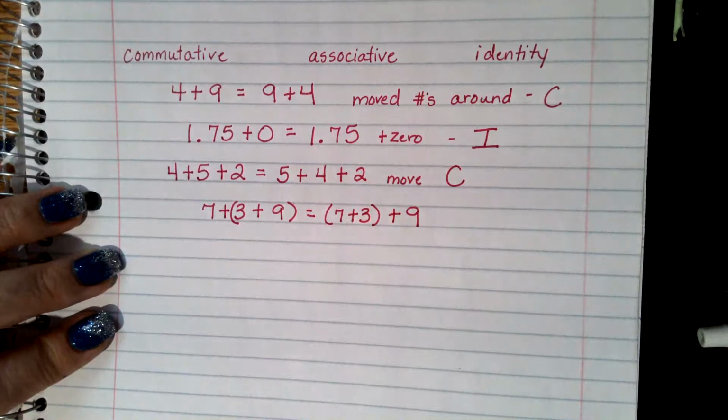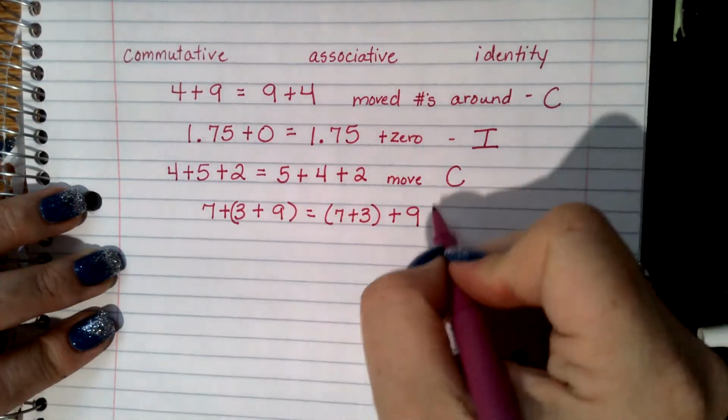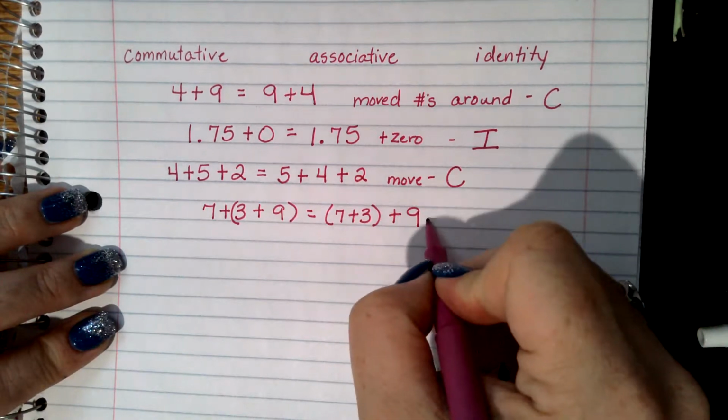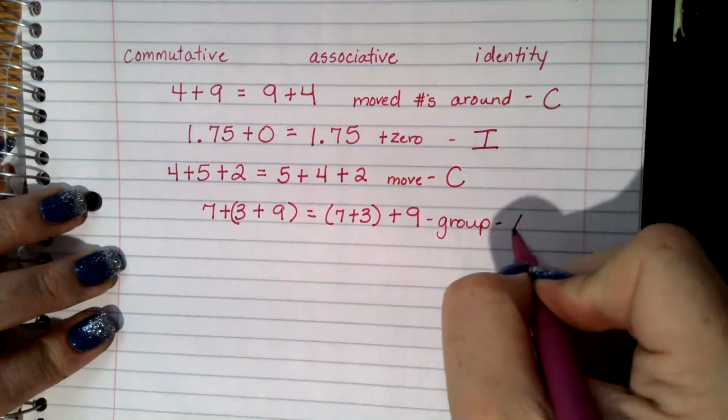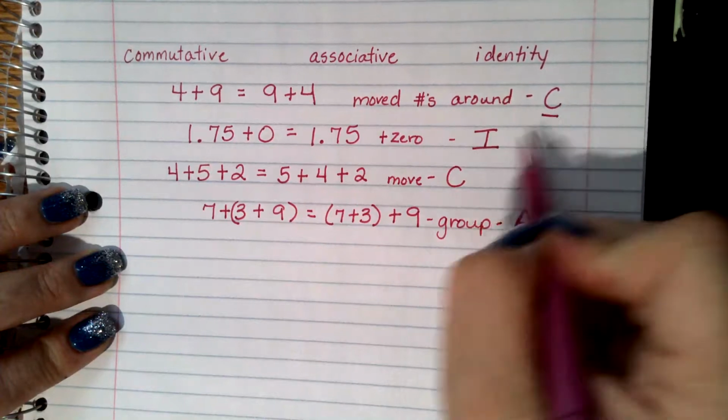Seven plus parenthesis 3 plus 9 end parenthesis equals parenthesis 7 plus 3 parenthesis plus 9. We changed our groupings. We changed how they're grouped. Therefore, this is the associative property.